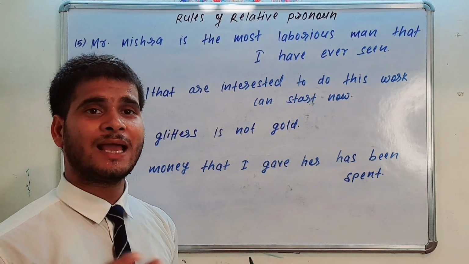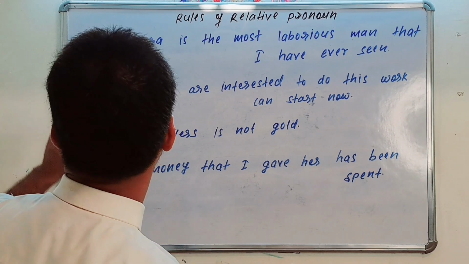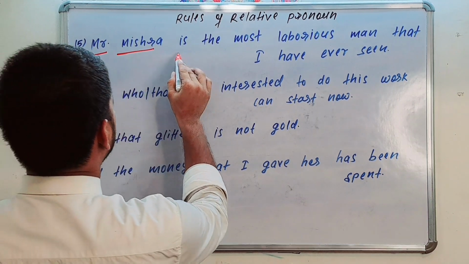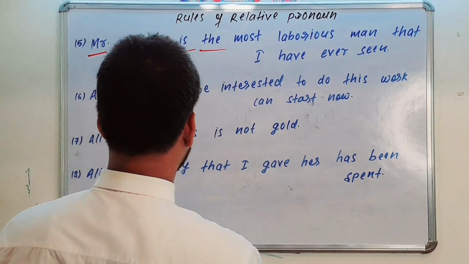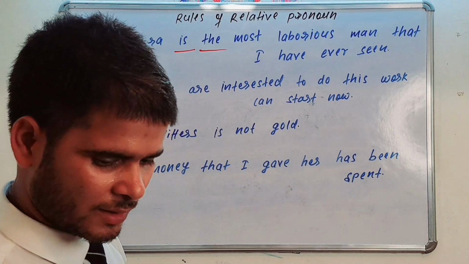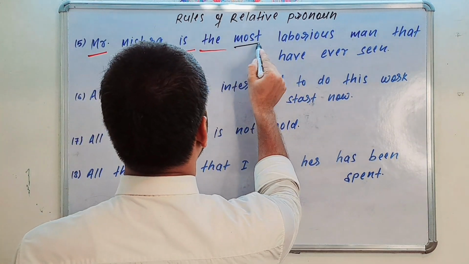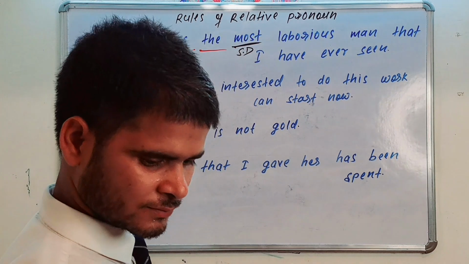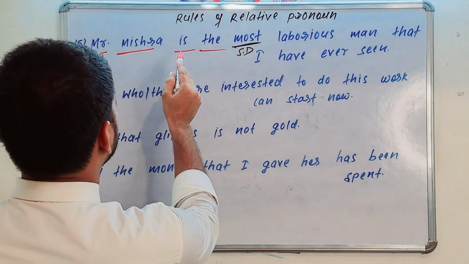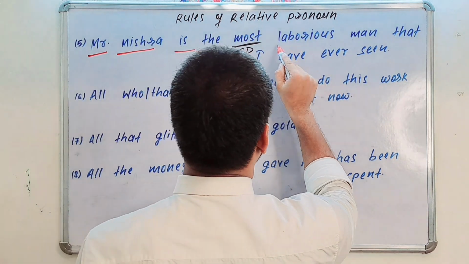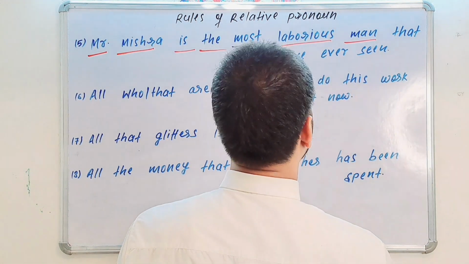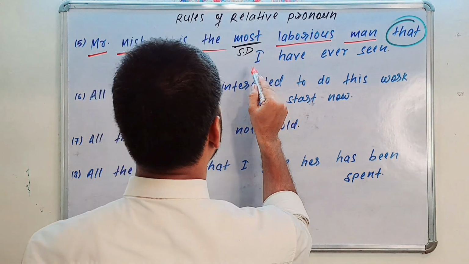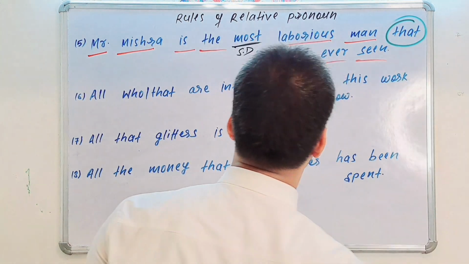Now understand the next rule of relative pronoun through the fifth example. Here you have to keep one thing in your mind: the superlative degree, most. Mr. Misra is the most laborious man that I have ever seen.